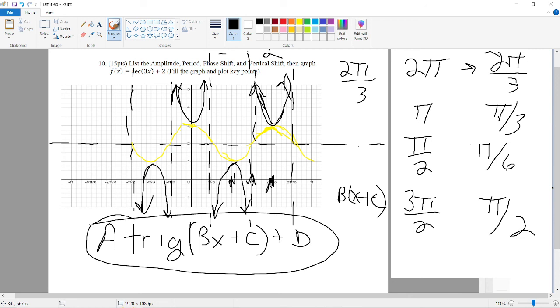Or you can take the original 4 right there and divide them by B, and that gives you your new 4 points. Then put those on the graph. Make sure you shift up the vertical shift. Make sure you handle the change in amplitude, which in this case there was none. And you've got it. And then you can draw secant or cosecant or sine or cosine. There it is.